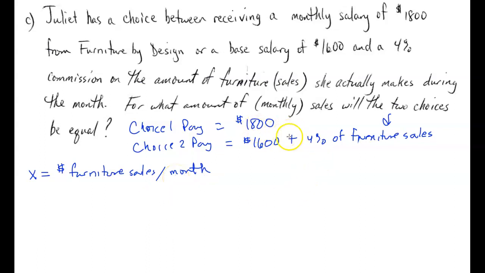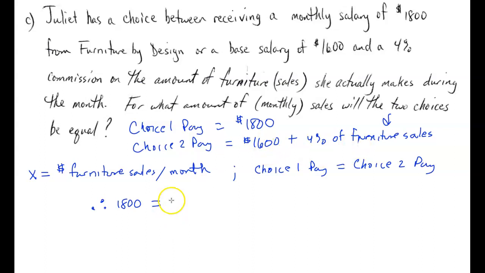So now that we know our goal here is to have choice 1 pay equal choice 2 pay. And when we do this, for choice 1 pay, of course, this is just going to be $1,800.